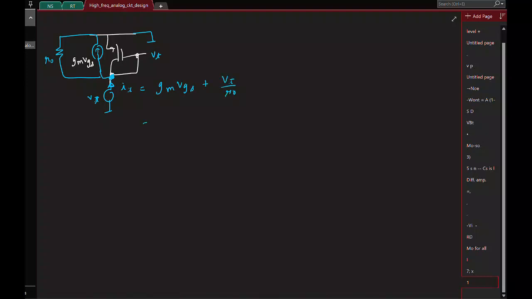And what is the gate to source voltage here? Gate to source is VT. So this is basically gm times VT plus VT by r0, so VT times (gm plus 1 by r0). So what is the effective resistance if this is IT? This is basically a parallel combination. Remember this is basically the conductance, right?